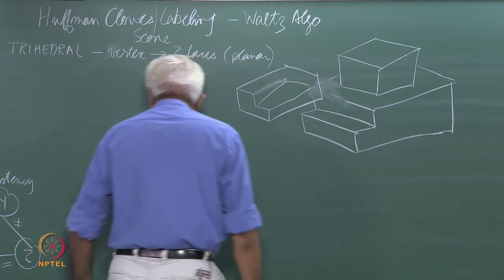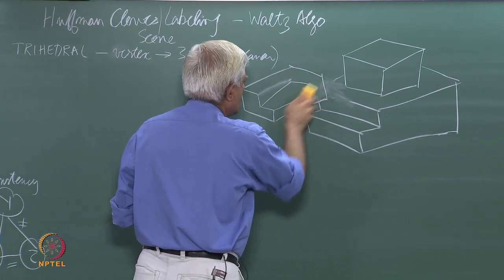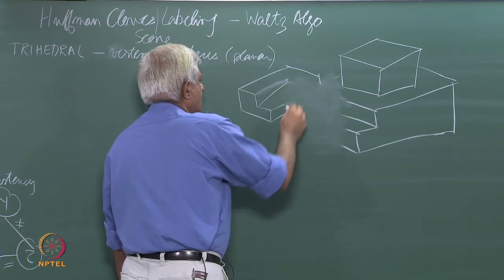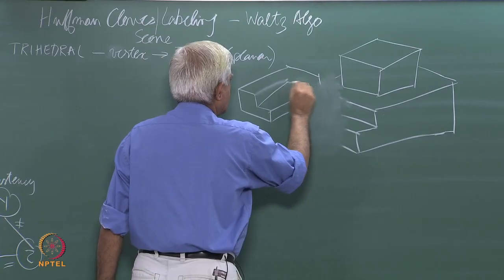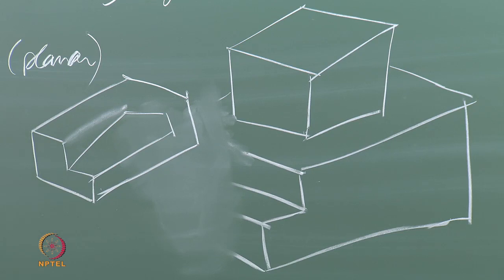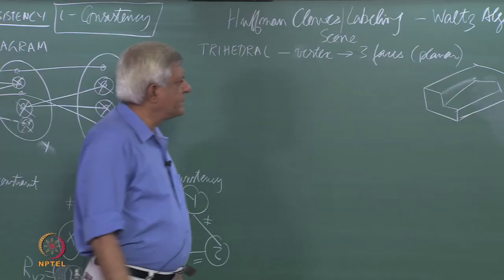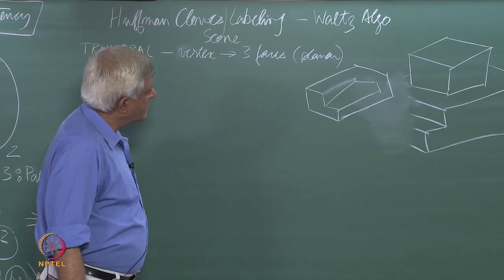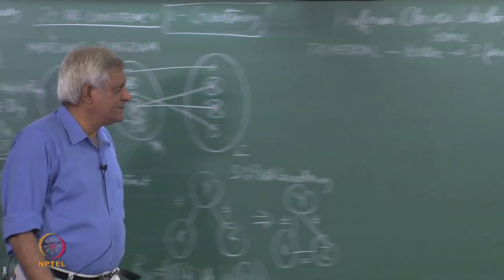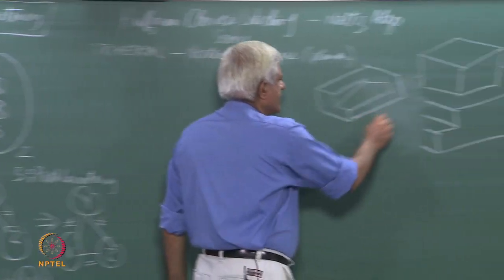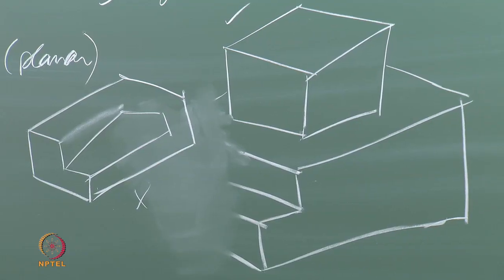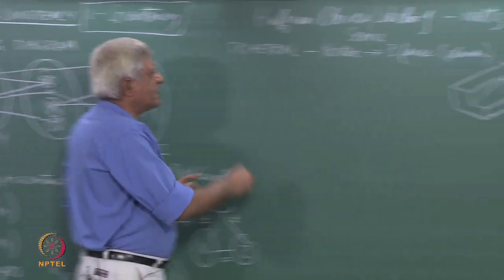Some object like this would not be a trihedral object, even if it were to be an object, I think. So, anyway, this is not the kind of object we are dealing with, and we are interested in these kind of objects. Now, it is a labeling problem, which means you have to label every edge, and the labels are as follows.